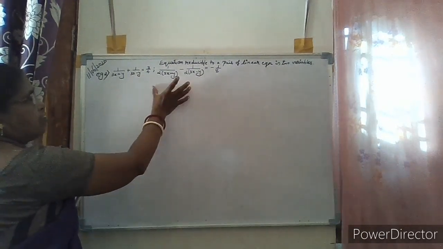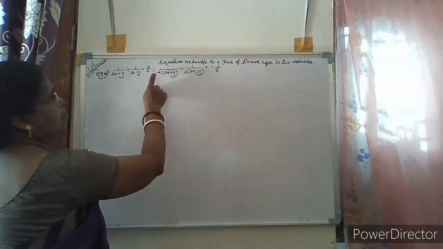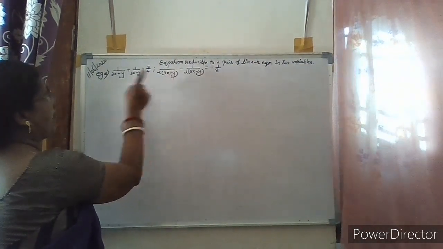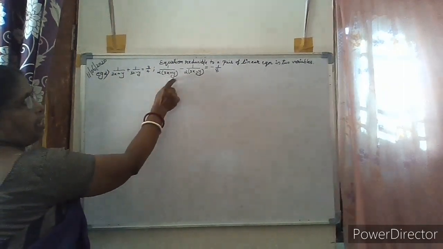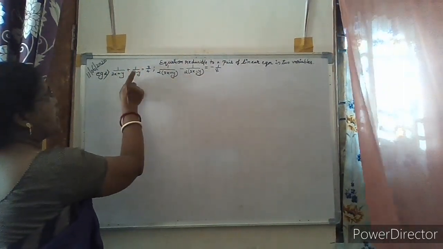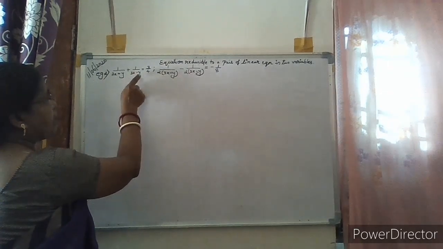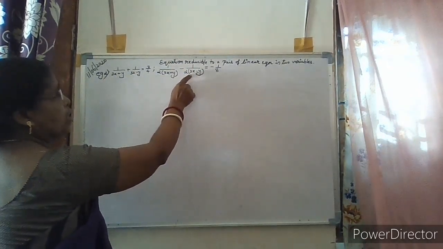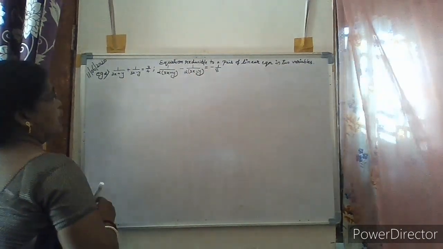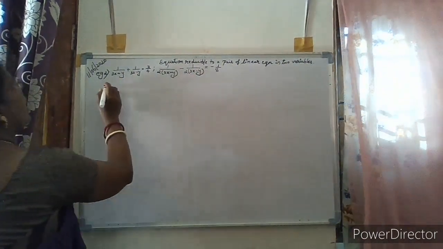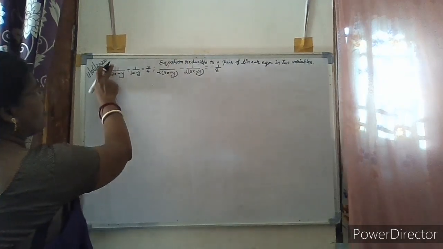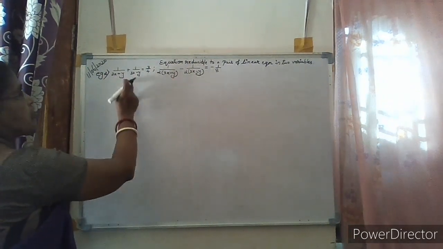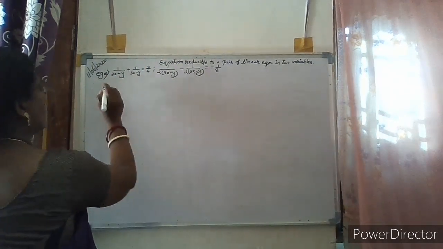In the second equation, it is given 1 by 2 into 3x plus y. See 3x plus y, 3x plus y here. And then here it is 1 by 3x minus y. Here also it is 1 by 2 into 3x minus y. So let us take again in the same manner we have to substitute this whole as a and this as b. Any other variable also we can take.